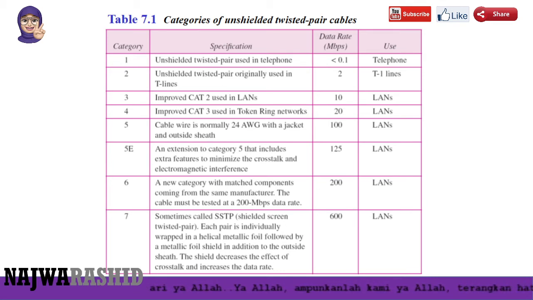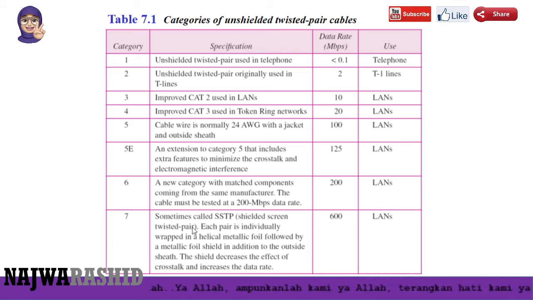What kind of wire is suitable to implement for your network. So these are the specifications of the network. Different types of network, different types of cable have different data rates and different purposes for those wires.